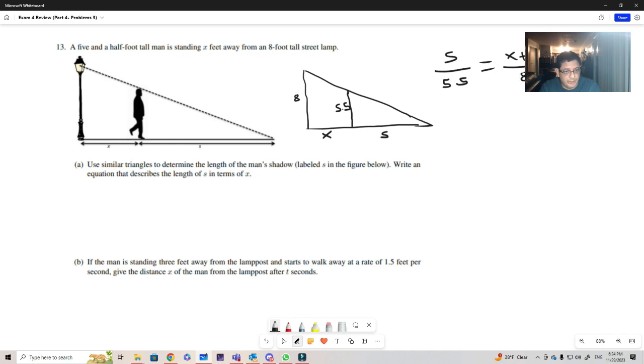And so with this relationship, we can now find out that 8S is 5.5 times X plus S. Okay, and this is one relationship that describes S in terms of X. Now if the man is standing 3 feet away, so now we transform X into 3.